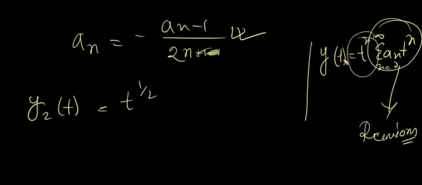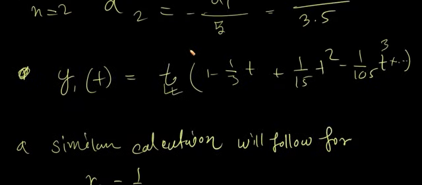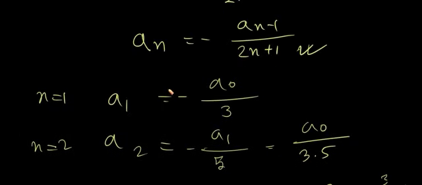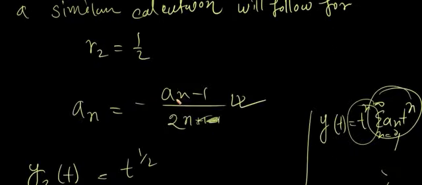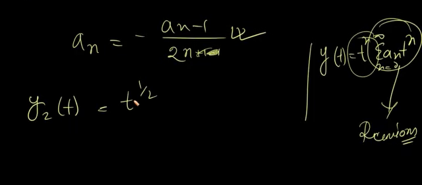But this guy over here, t to the power r, you have two r's, so for 2 r's you have 2 y's, that is, one of them is y1, one of them is y2. And since in the first case we considered r as 1, that's why we wrote a t, and then we considered r equals 1/2, that's why we wrote a t to the power half.